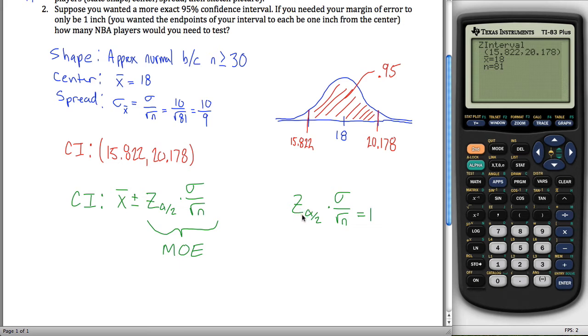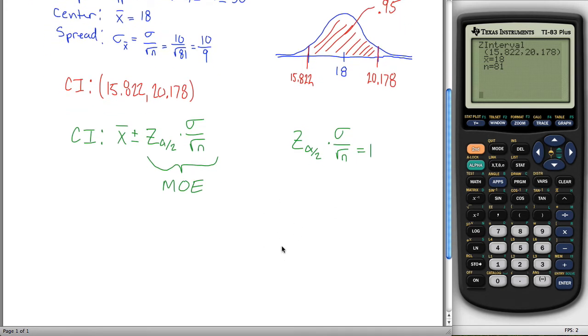What that's asking is what z-score would you need to only have 0.025 in this upper tail. So alpha, which is 1 minus our confidence level, is 0.05. So alpha divided by 2 is 0.025.